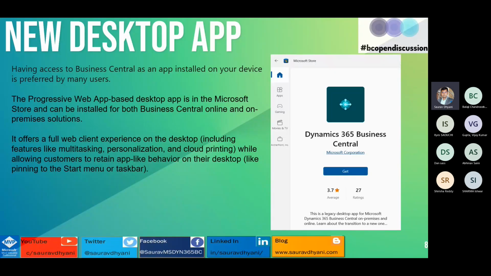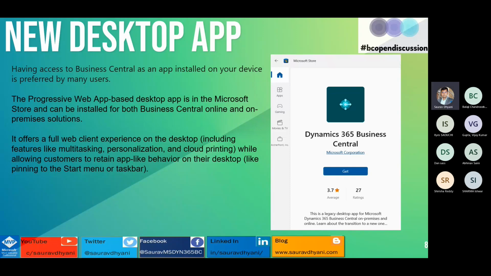Next, Microsoft is retiring the old app that is available in the App Store. And they are coming up with a new desktop app, which you can install today from your Windows App Store from a device. There are two apps available, one for Business Central SaaS and one for Business Central on-prem.